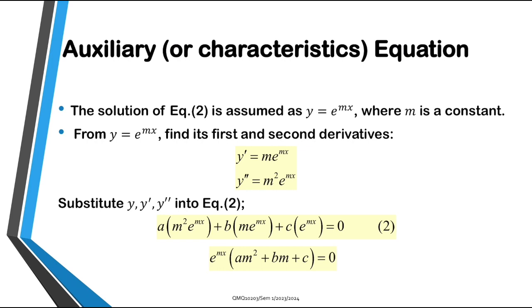Because we have e to the mx here, here, and here, we can factorize it and rewrite it with the bracket a m squared plus b m plus c.